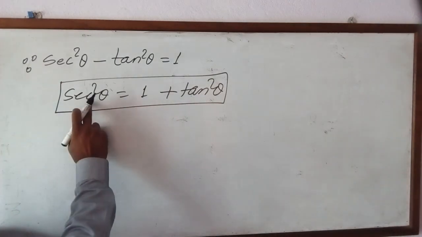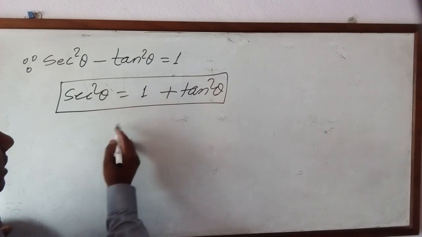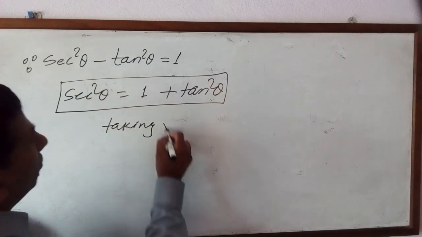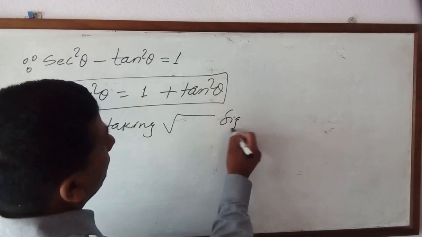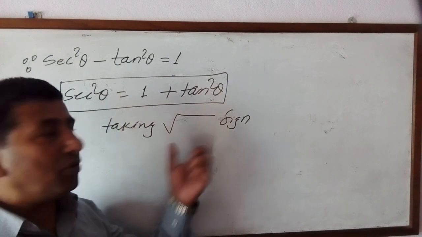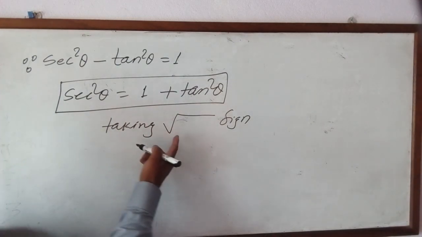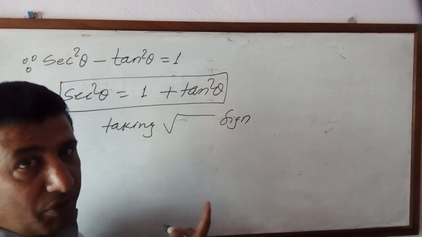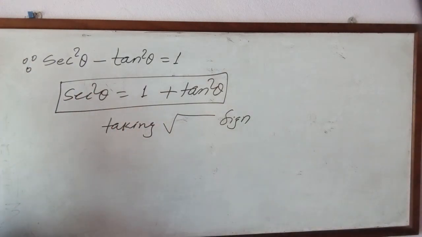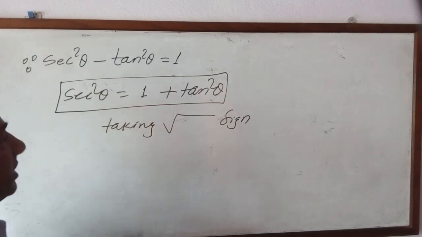Now how to remove this square? Then again taking root sign. To remove this square, we can take root sign on both sides. Now see, in my previous video, laws of indices, I have explained all the rules for how to remove a square by taking different radical signs.